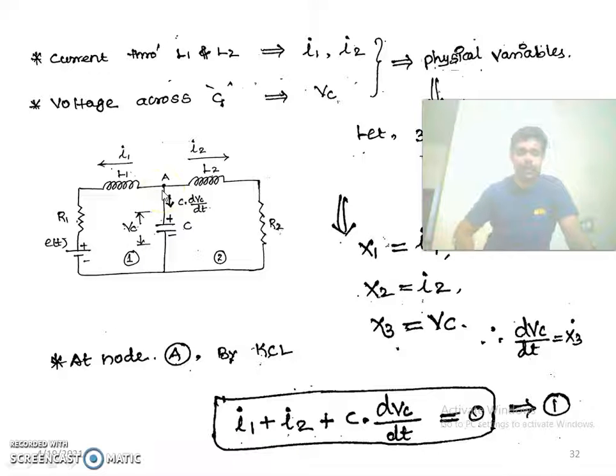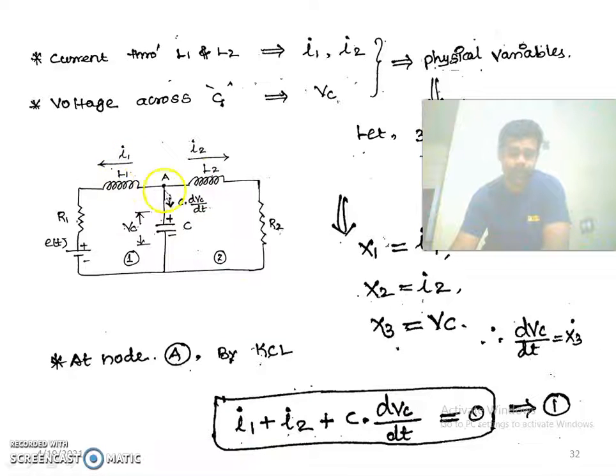Incoming current is equal to outgoing current, or the algebraic sum of currents meeting at the point is 0. So here all the currents are leaving the junction. So I1 plus I2 plus C into dVc by dt is equal to 0.